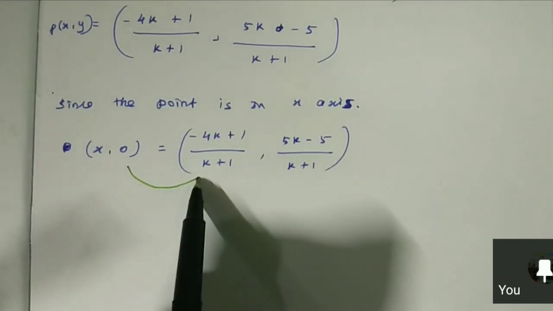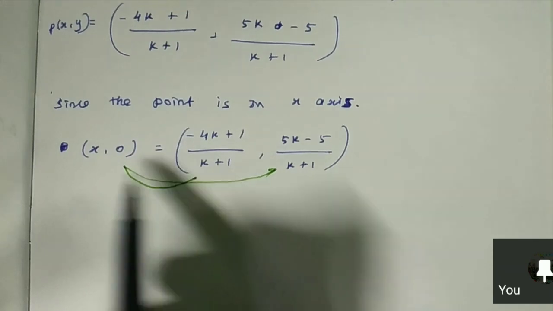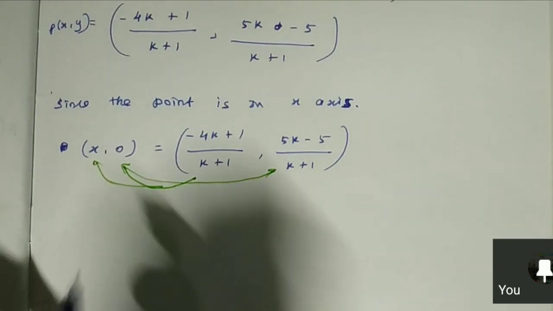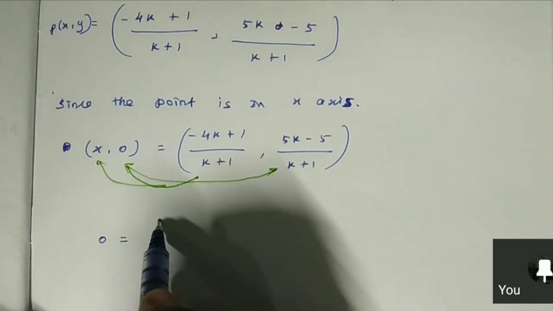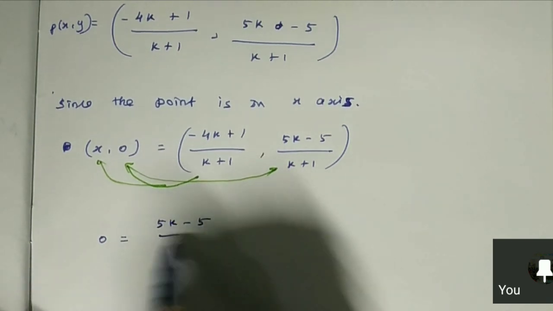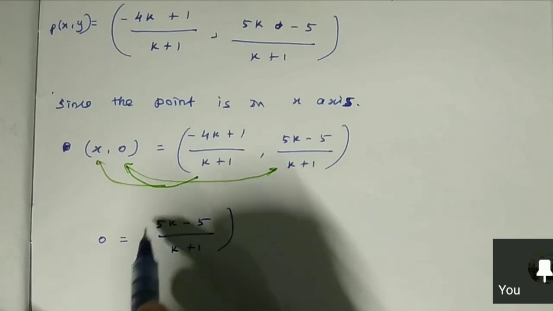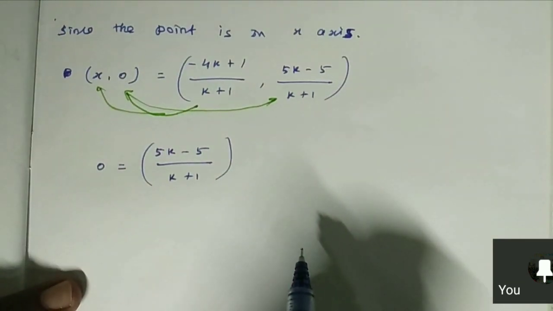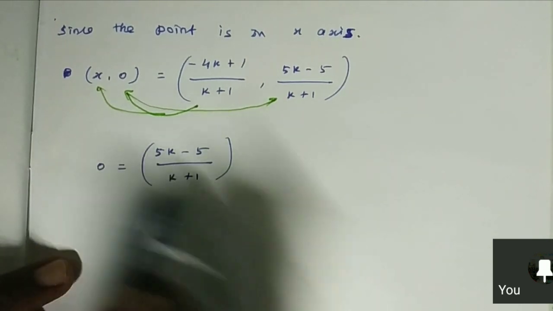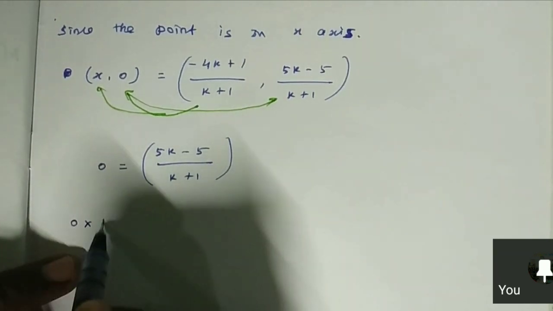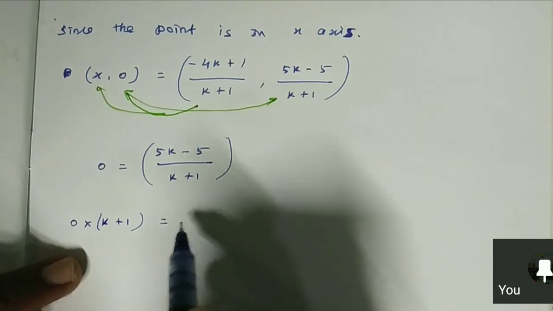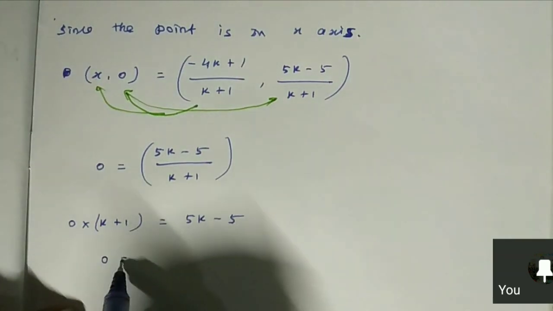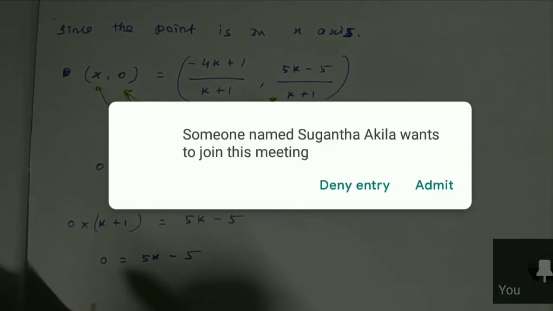Equating the y coordinates: 0 equals (5k - 5) divided by (k + 1). Now, very easy, cross multiplication: 0 into (k + 1) equals 5k - 5. 0 into any number becomes 0, so 0 equals 5k - 5.